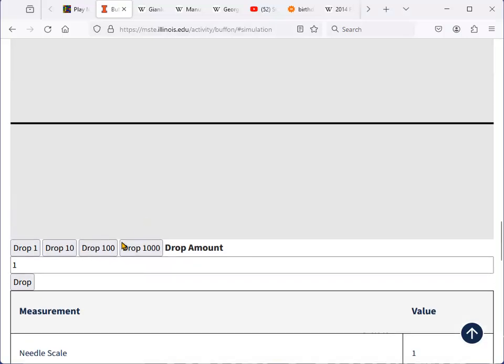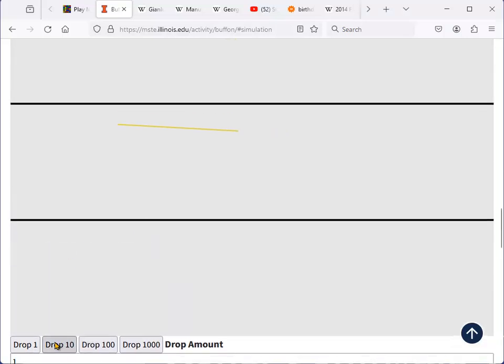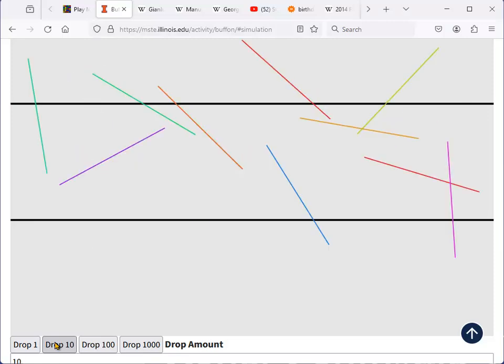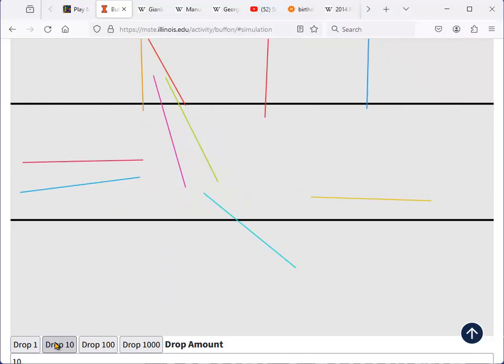Then drop 10, a total of 5 times, so 1, 2, 3, 4, 5, and of course you would have to count how many times they are actually crossing and how many times not. So out of the last 10, they crossed 7 times, and 3 times they didn't, right? These 3 here, they didn't cross.